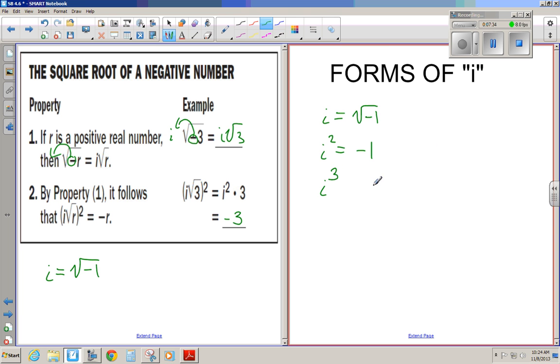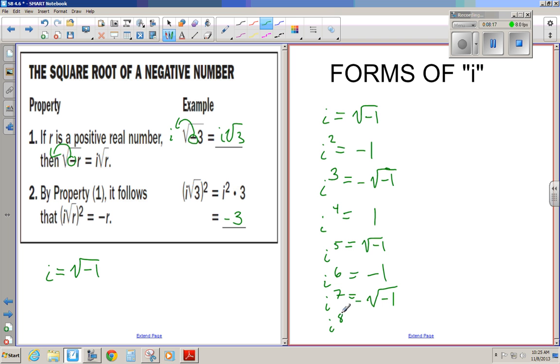If you were to cube i, that would be the square root of -1 times -1, so you end up with negative square root of -1. i to the 4th would just be 1. i to the 5th is the square root of -1. i to the 6th is -1. i to the 7th is negative square root of -1.